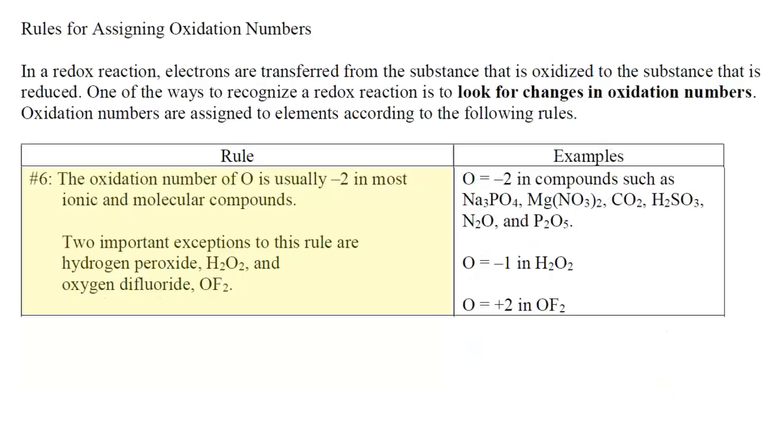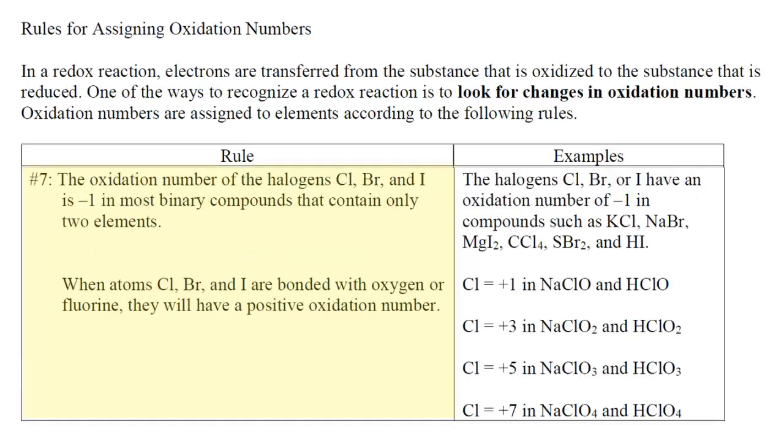Now for oxygen, the oxidation number of oxygen is usually -2 in most ionic and molecular compounds. There are some exceptions to this rule, such as hydrogen peroxide, H2O2, or oxygen difluoride, OF2, but NaOCl is not such an exception. So we would expect the oxidation number of oxygen to be -2 in this compound.